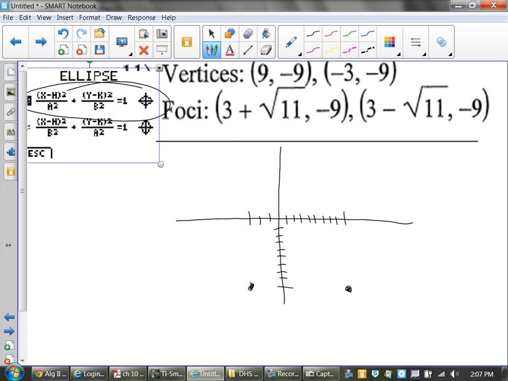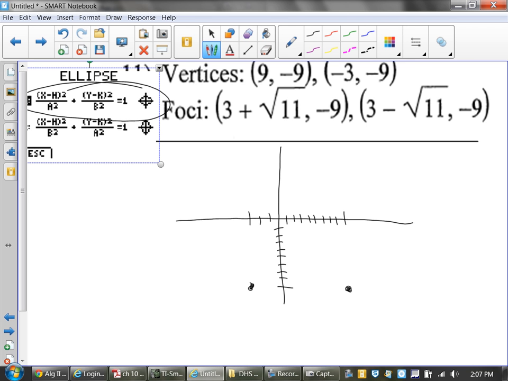Now that I know that much, I need to find the center. The center occurs at the midpoint of the vertices. Well, the center also occurs at the midpoint of the focus. It also occurs at the midpoint of the co-vertices. In this case, I'm going to use my vertices because that's what I've plotted so far. Since it's on the same horizontal line, which value of the ordered pairs will also be in the center, the x or the y coordinate?